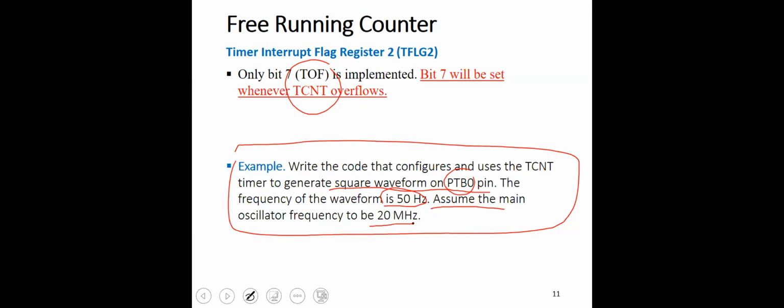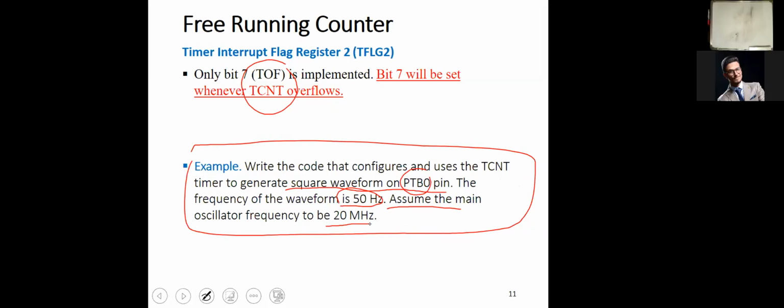So basically here we want to generate continuously a periodic square wave on port B, pin number 0, with a frequency of 50 Hertz.